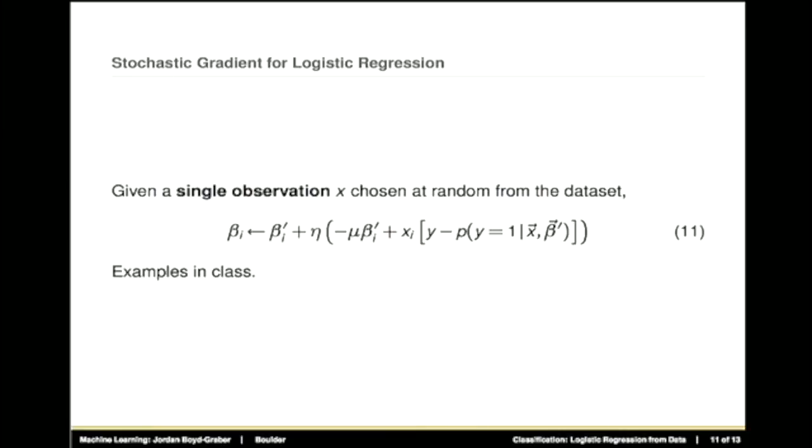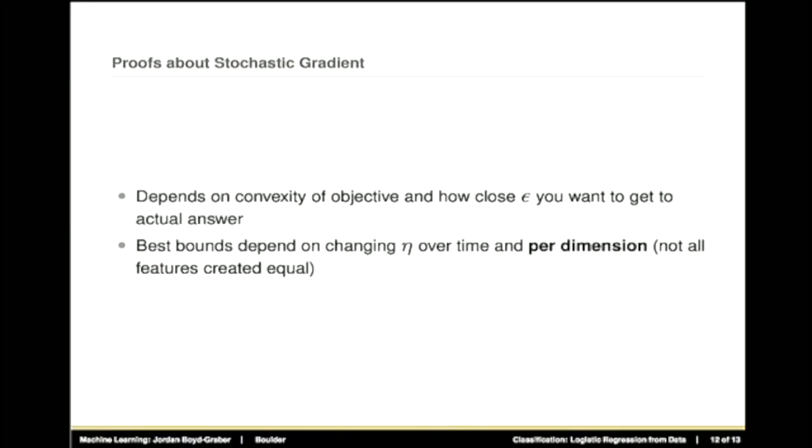We'll talk through some examples in class. There are some theoretical things that come into play. How quickly you get to your answer depends on the convexity of the objective, so how smooth it is, how quickly it changes, and how close you want to get to the optimal answer.